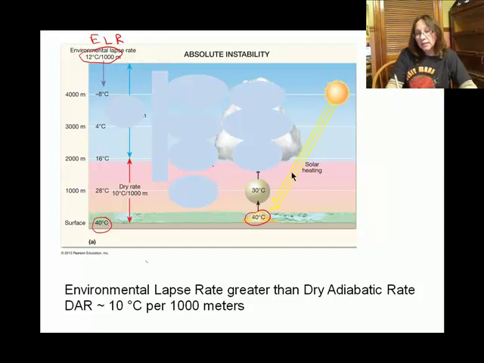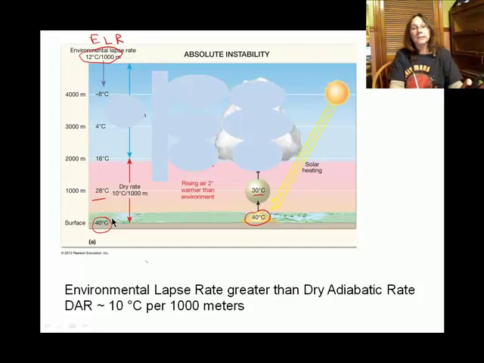Now let's look at its tendency. To know its tendency, we compare the temperature of the parcel of air, which is 30, to the temperature outside, which is 28. Ooh. Since 30 is warmer than 28, that thing's going to want to keep going up. Let's see what happens when it goes up to 2,000 meters.